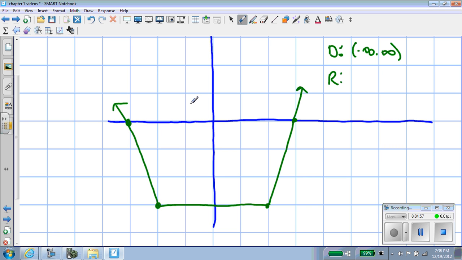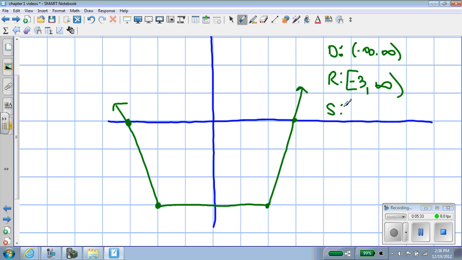Well, since it's going up, all these y values up here will be used, but the y values down here don't actually get called upon. They're not being used. There's no saying, oh, yeah, when x is 1, y is something down here. When x is 157, y is something down here. It's never lower than -3. So our range is -3 up to infinity.